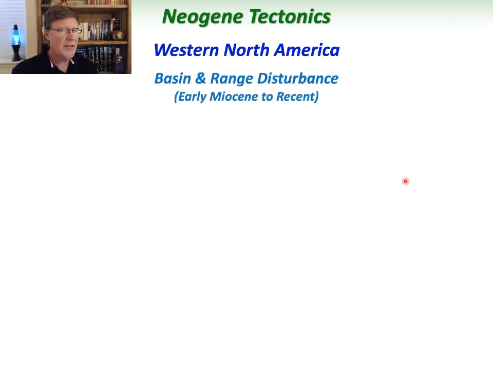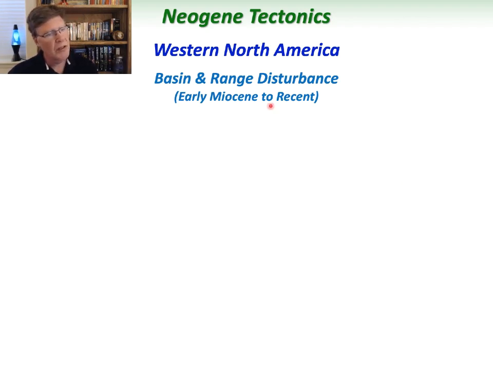So the basin and range disturbance, it's not quite an orogeny, but it's a rifting event. And it's where Western North America is trying to rift apart very slowly. And it's kind of a wide rift. It's not a narrow, focused kind of thing. It's a wide area that's spreading behind the plate boundary.